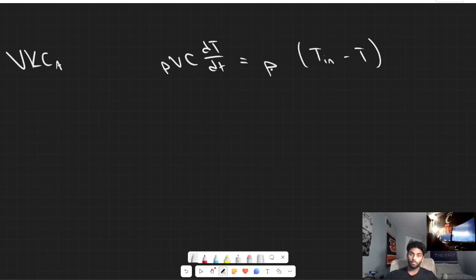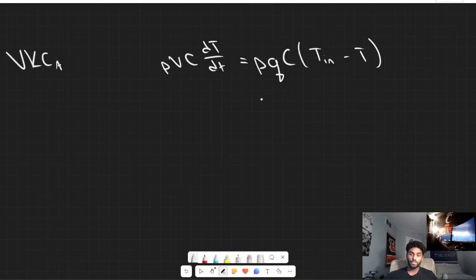Now we want to put rho here, not VC, but we want this in terms of time. So it'll be rho QC, and I'll try to make this a big C just for nomenclature reasons.